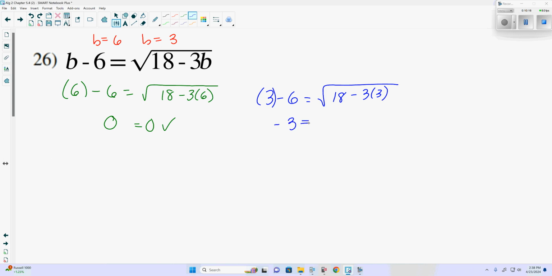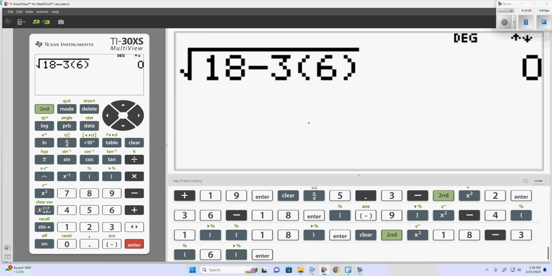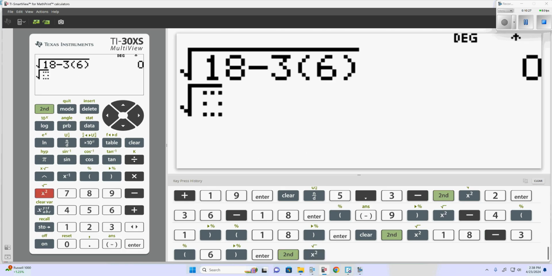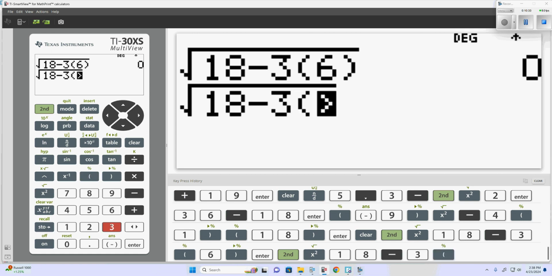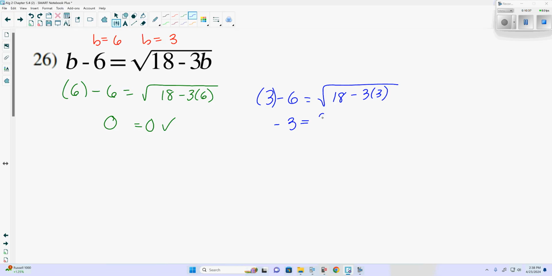It's not going to work because whatever number comes out of the radical has to be positive. It does not work. 18 minus 3 times 3 actually gives us +3. +3 is not equal to -3. So the one solution that actually does work here is that b is equal to 6.